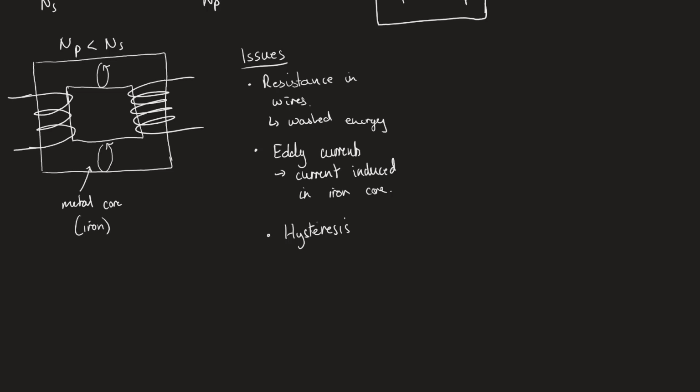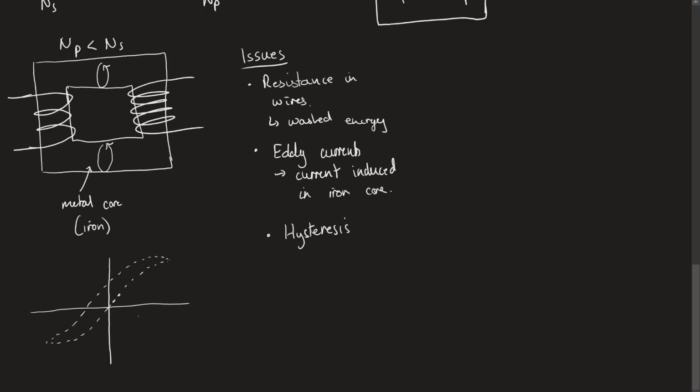Okay, now hysteresis is the fact that if I were to plot out the magnetization of iron, I would end up with this kind of graph. So I'd start off by increasing up to here, then I'll find that I will decrease down to here, and then I will come back to here. And you can search for hysteresis curves on Google to see other examples, but generally this is the idea.